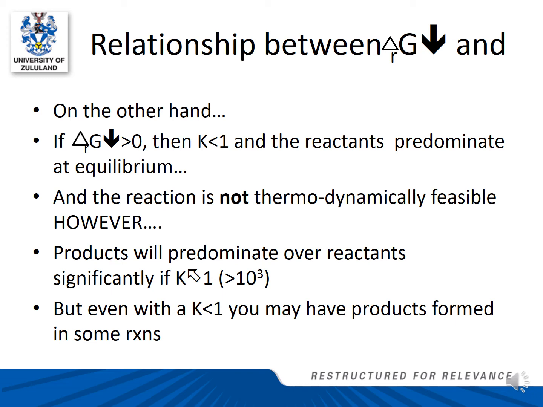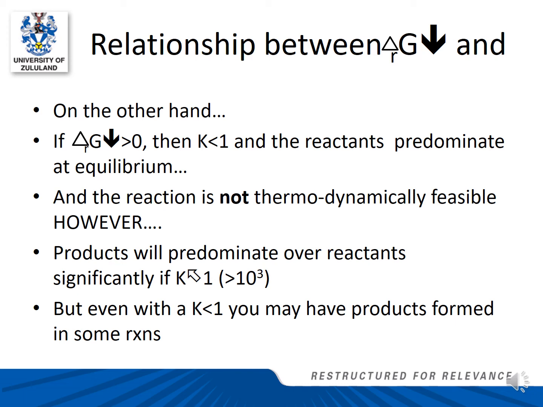However, the products will predominate significantly only if the value of K is much greater than 1. But even with a lower value of K, you may have some product formed in some reactions.